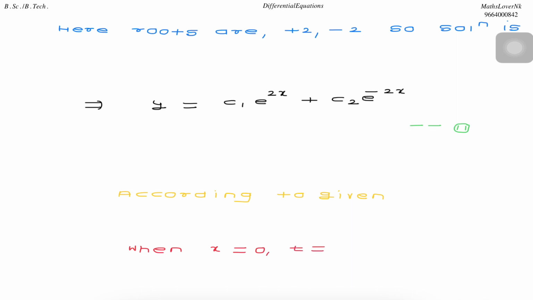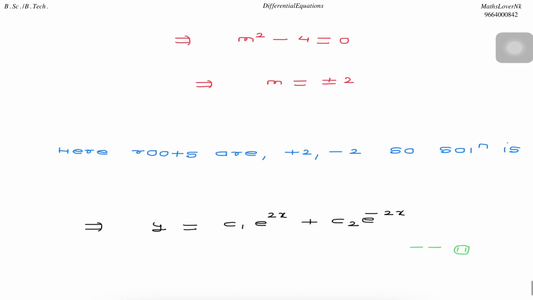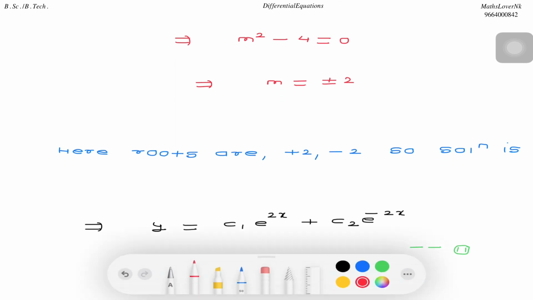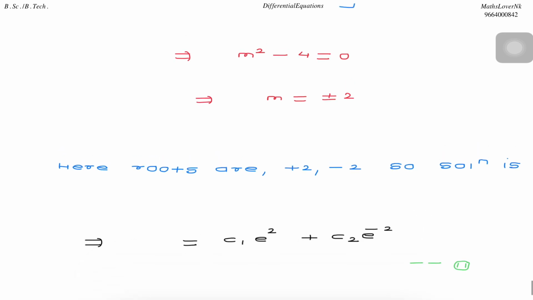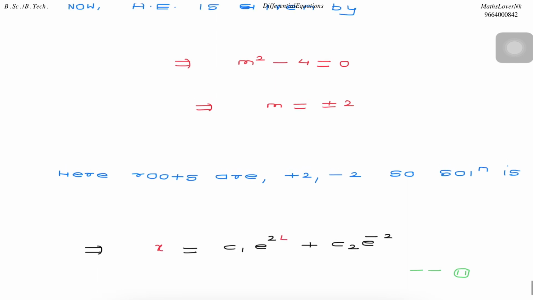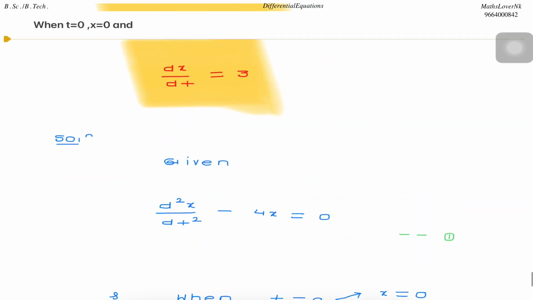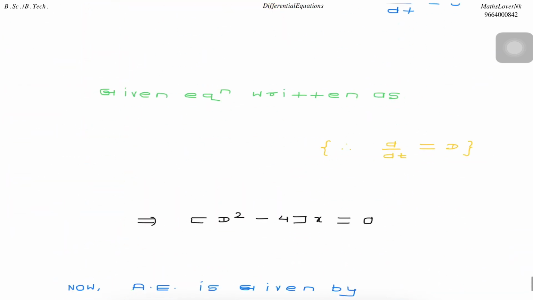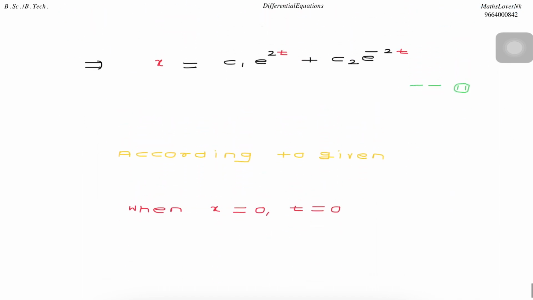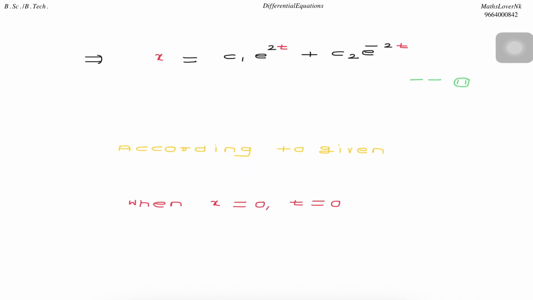This solution we get is not in the form of y and x, it is in t and x form, so x is equal to c1 e to the power 2t plus c2 e to the power minus 2t, because the given equation is in the variables x and t. So now x is equal to 0, then t is equal to 0.